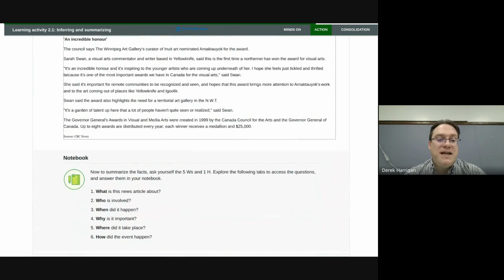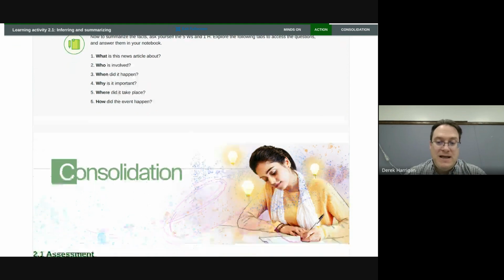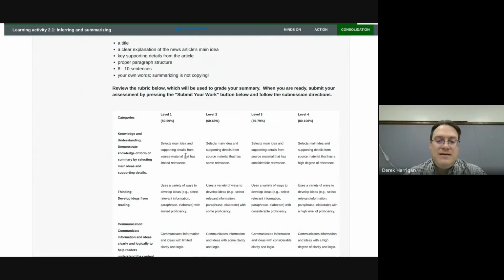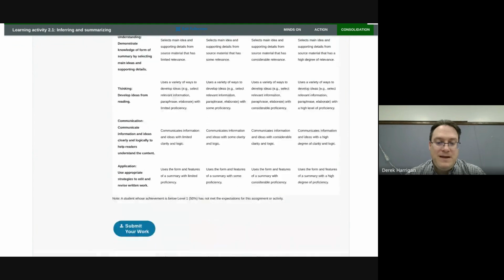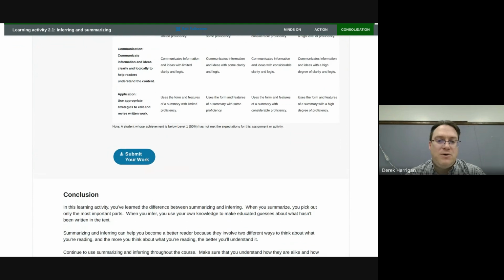You're summarizing it in your own words and using your own answers to the 5 W's and H questions in order to write that summary. You have a rubric here that shows you how it will be graded. And you have the button right here where you can click to submit your work.